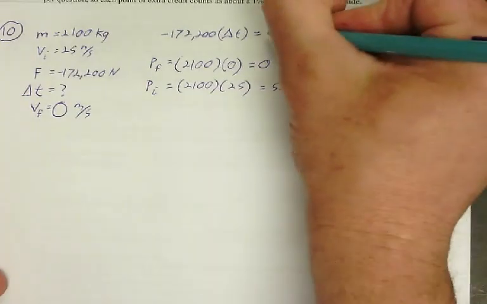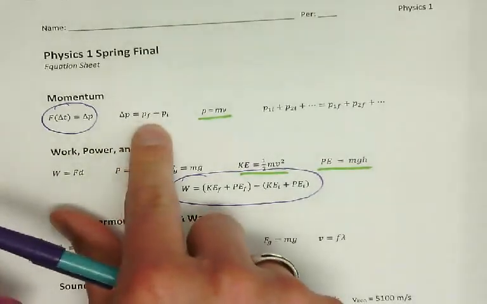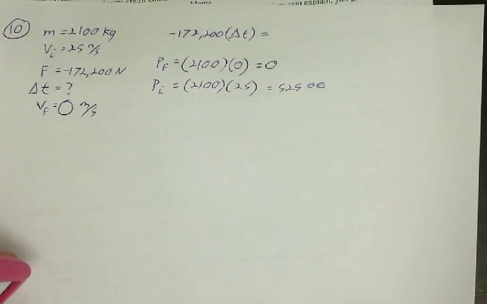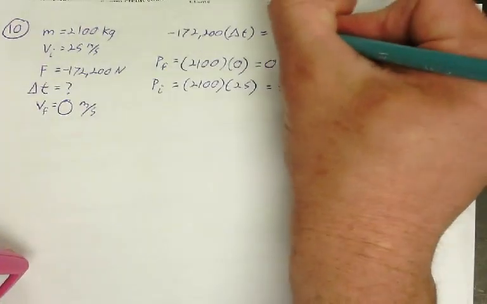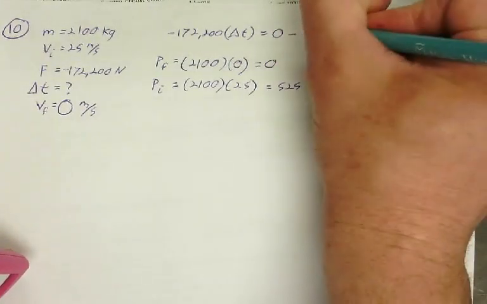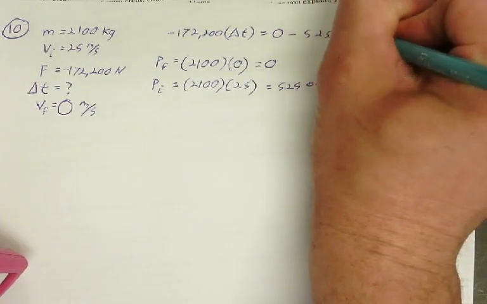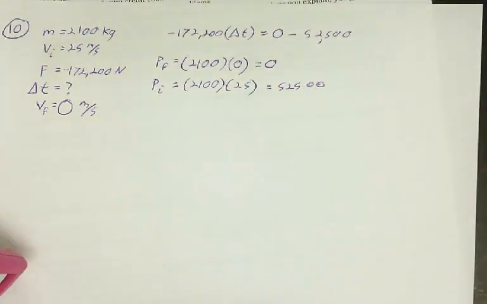So, change in momentum is final minus initial. I take my final, which is 0, and subtract my initial, which is 52,500. And that's all I've got to do.